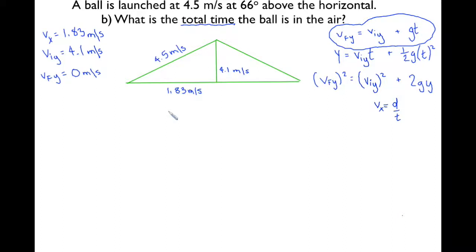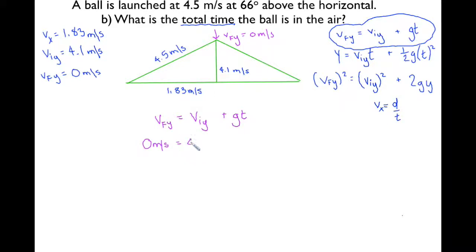Okay, so it says that VFY is equal to VIY plus gt. We know our final y velocity is 0 because at that very top part right here, our VFY is equal to 0.